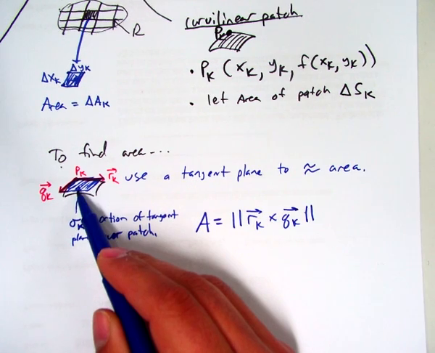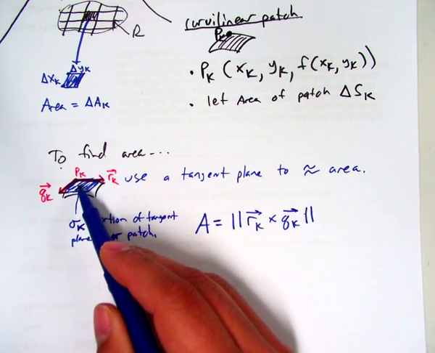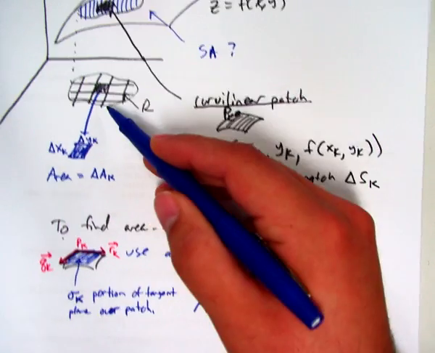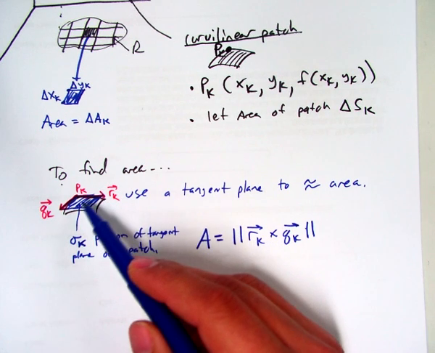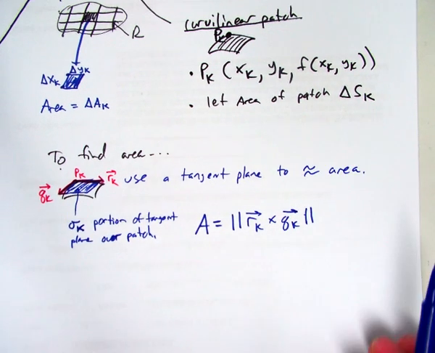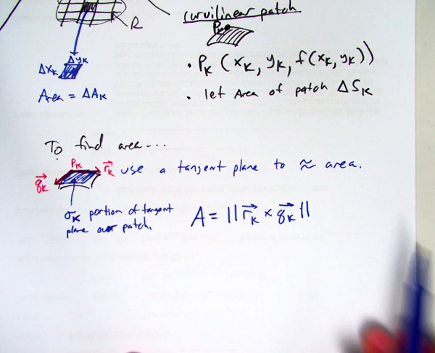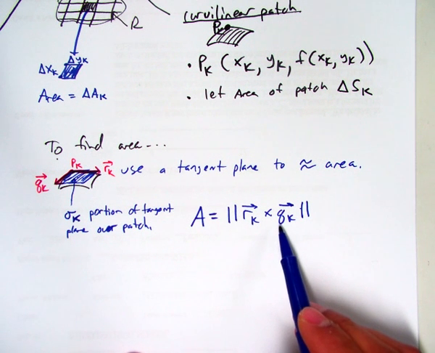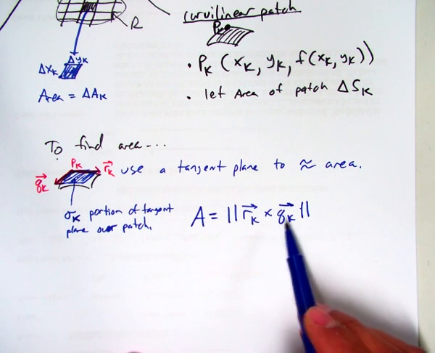Okay, so the idea is going to be the same as before. Eventually we're going to make these patches as tiny as possible. We're going to have an infinite sum of these tiny little parallelograms, and it's going to become some sort of integral. Okay, the question is, what the heck is R sub k and Q sub k going to look like? So let's find that out.